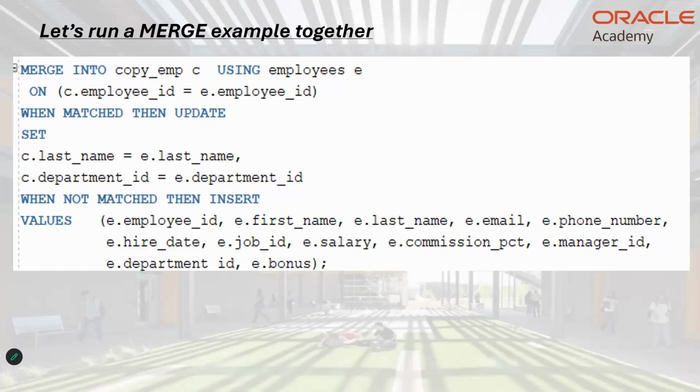When not matched, then all of these columns we're going to insert. So go ahead and run that. Of course, you have to type it in. I have to as well. And it's merged into destination table, source table, and so on.